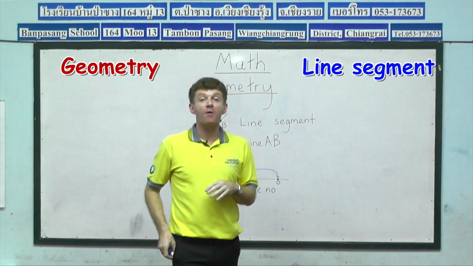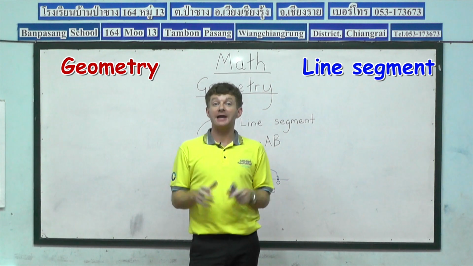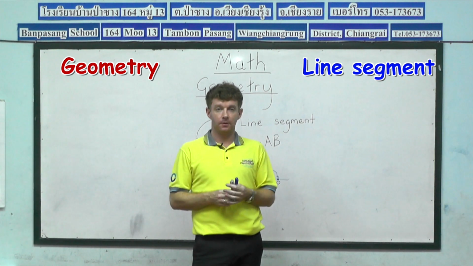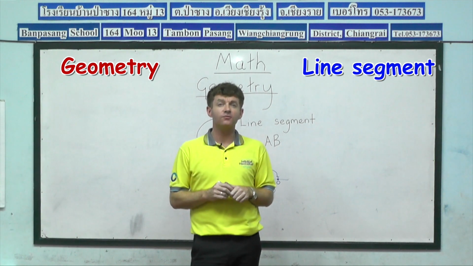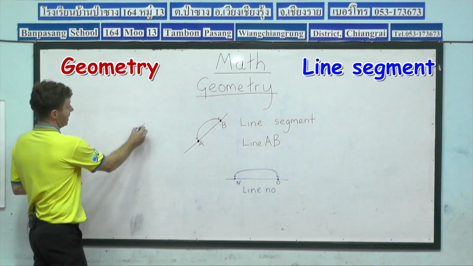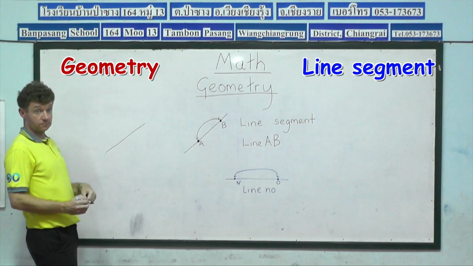And now what we're going to do in today's lesson is move on and have a look at another type of geometry feature. It's one that still involves a line, but it doesn't involve so many points. How about if we have a line here and we only have 1 point?